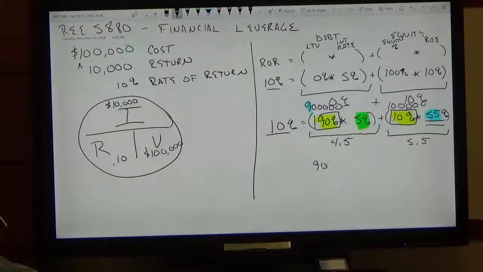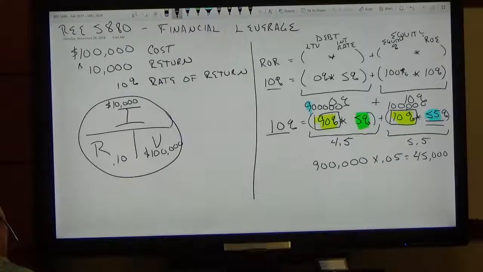Let's take $900,000, which is the amount we're borrowing. Yes? We multiply that by 0.05, which is the interest rate. Yes? Okay, so let's just start with that. So our interest costs on this are $45,000.